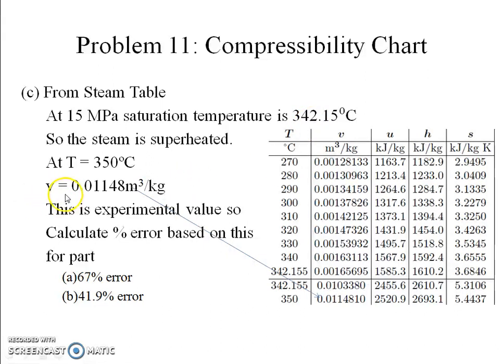Now I have located this 350. The pressure is 15 megapascal, so I just read this value of specific volume, which comes out to be 0.01148 meter cube per kg. Since these steam tables are the experimental values, they are the most accurate ones. So I have to calculate the percentage error, based on this value which I have read from the steam table.